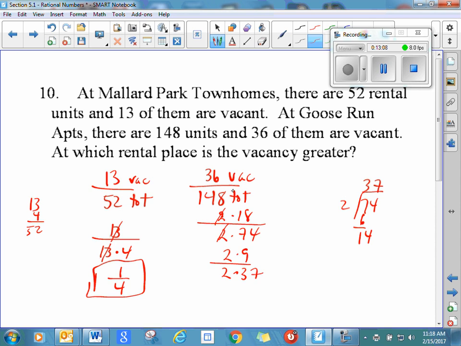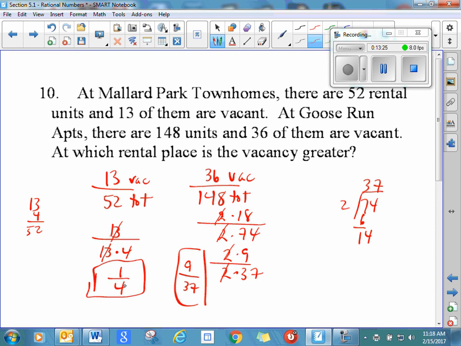Did I do that right? Let's see, 2 times... yeah. So cancel, cancel. And now you are comparing 9 over 37 and 1 over 4.